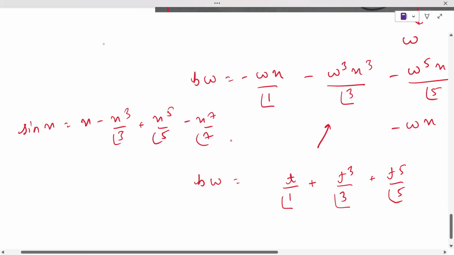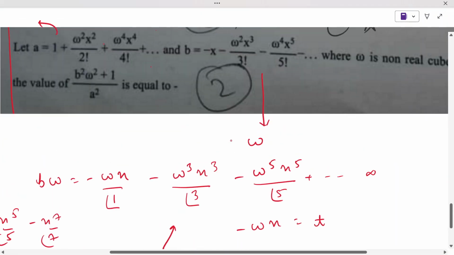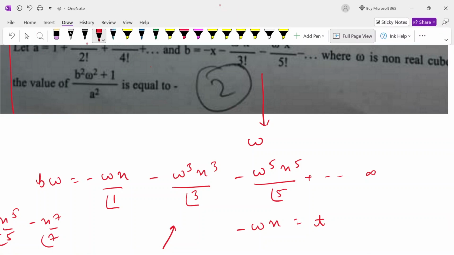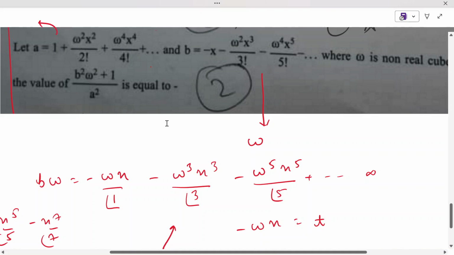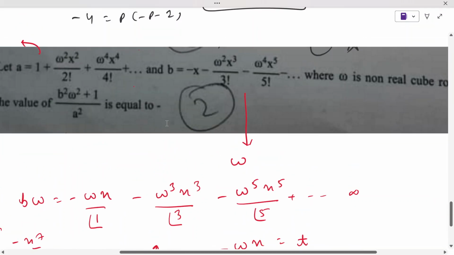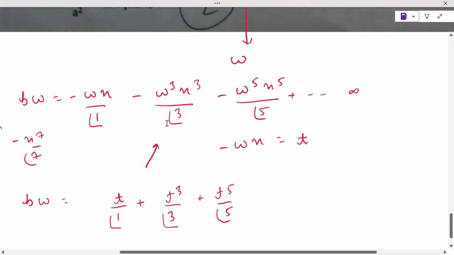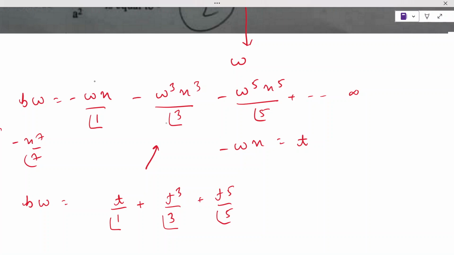Isn't it? Doesn't it remind you of the same thing? So there's a little bit to think. We have omega out there, minus omega x we have. Okay, x minus, but we need one more negative.